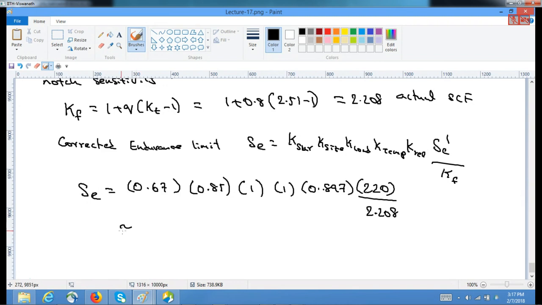If you calculate it, this will give you 50.9 Newton per mm square. So this is the corrected endurance limit, which we call the allowable limit.